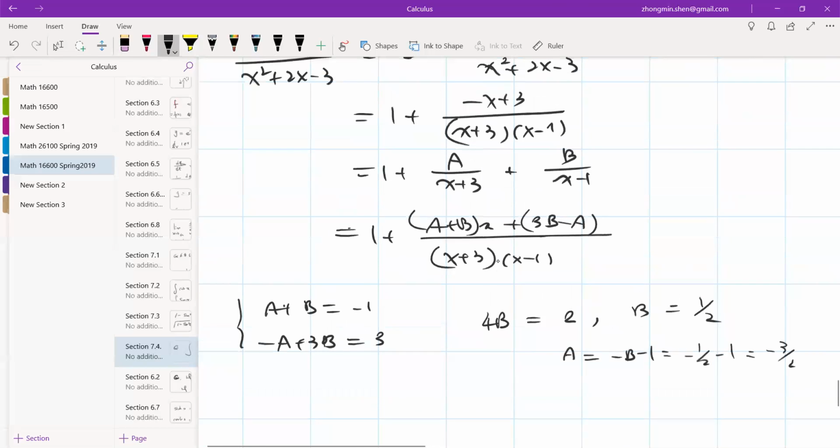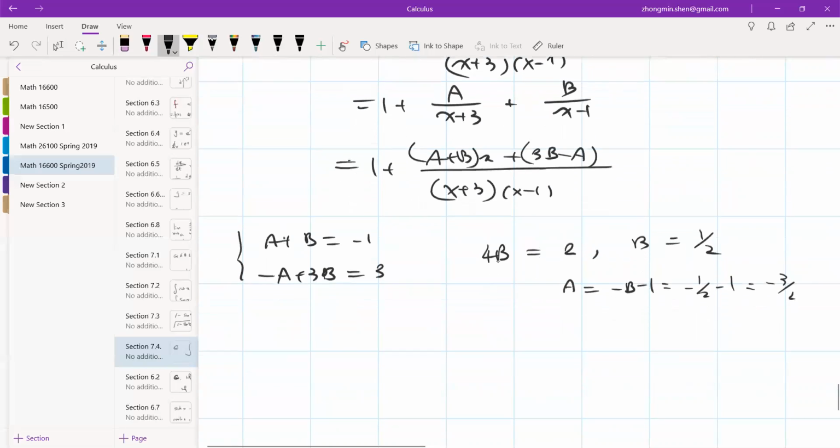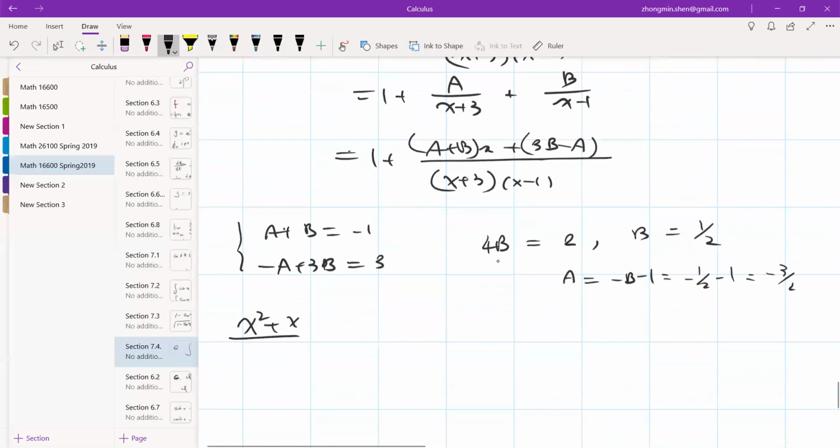Okay, so now the whole function x squared plus x over x squared plus 2x minus 3 is going to be decomposed in the following form: a is -3/2, x plus 3, b is 1/2. Right? So that is what I want. Then we evaluate integral on both sides. Okay?